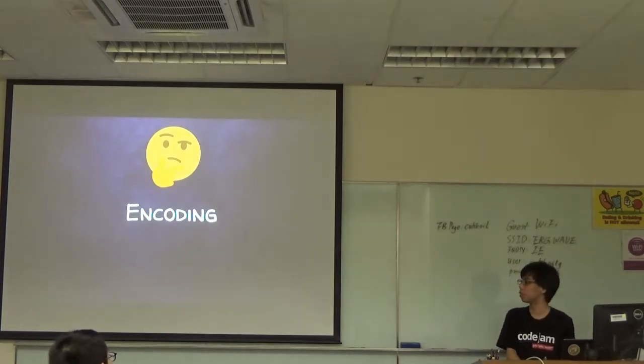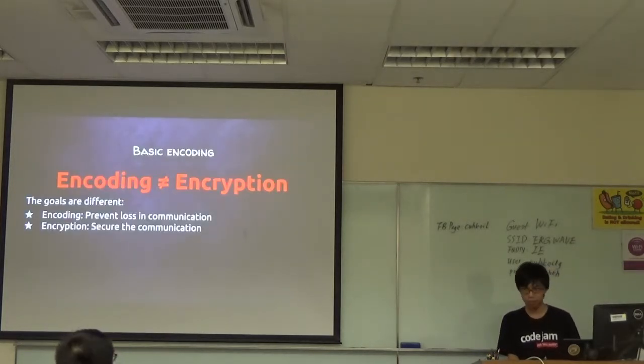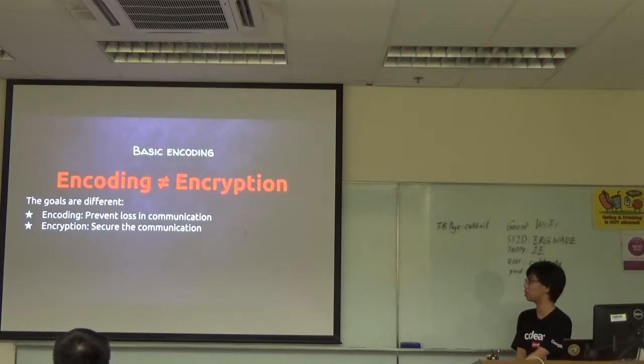Okay, first things first, encoding. As I've mentioned, encoding is different from encryption. They serve different purposes. For encoding, the main purpose is to prevent loss in communication. You'll see the example later, but I'll just talk about the difference now. For encryption, you will just see some random things that are impossible to retrieve if you don't have the key.